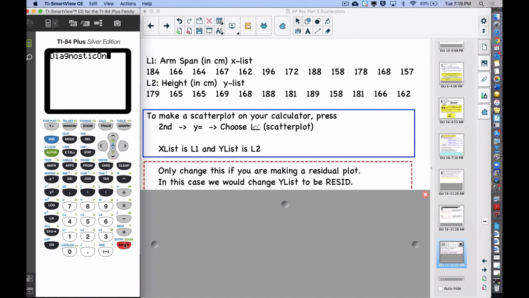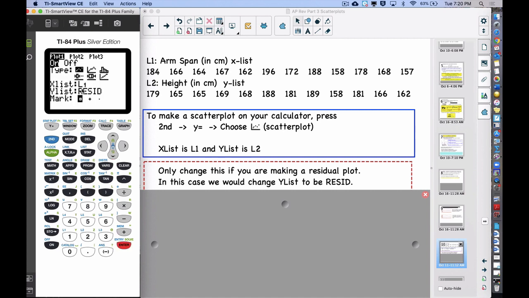Now if you hit enter and you hit enter one more time, now if you do linreg, those values should show up. If they were already showing up, then obviously you don't need to do anything. So now if I go to second y equals, and I want to make a residual plot, I'm going to put my cursor on the y list, go to second stat, and I'm going to choose resid.